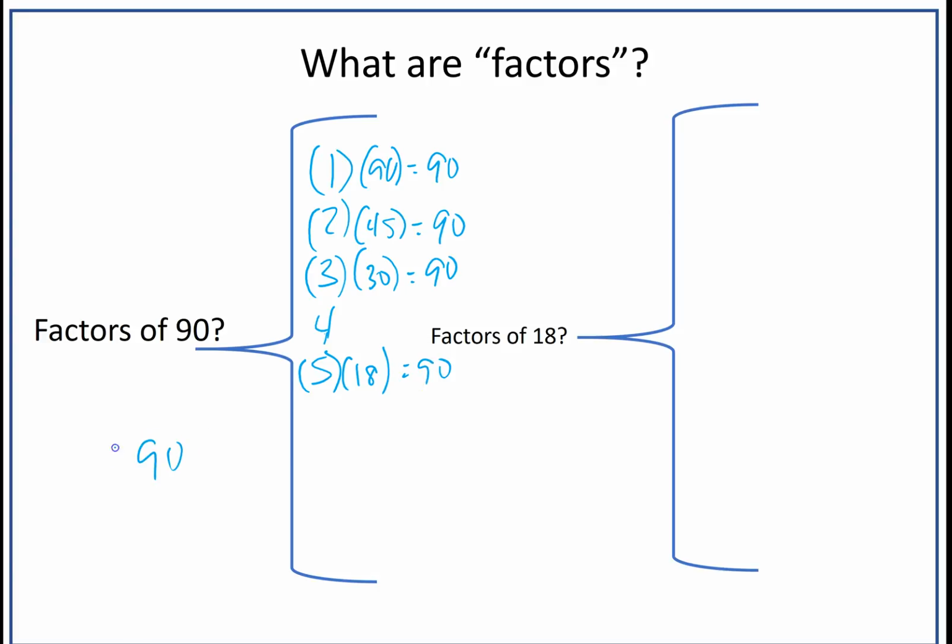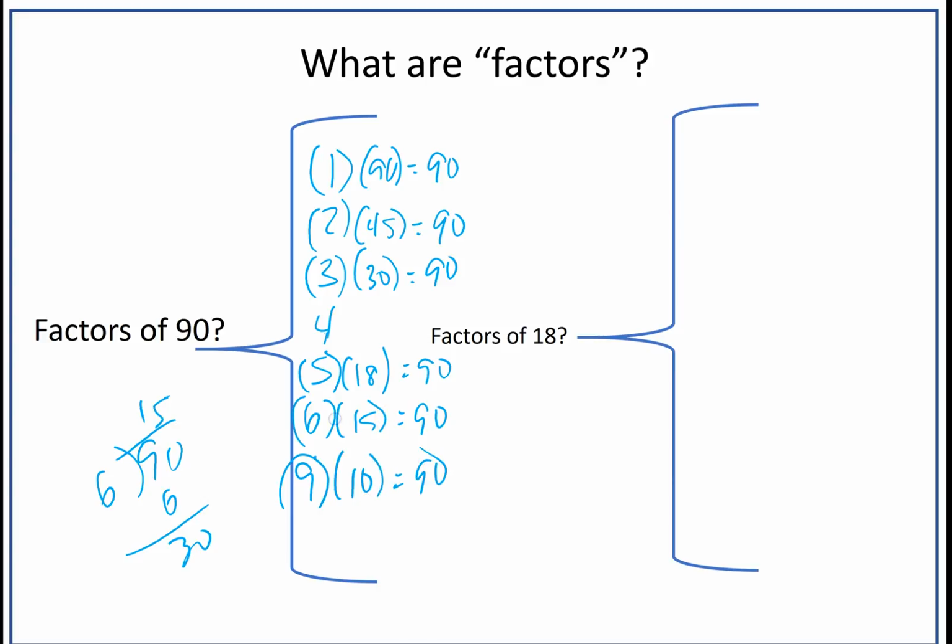Let's try 6. Yep. 6 times 15 is 90. And 9 times 10 is 90. So all these numbers, 1, 90, 2, 45, 3, 30, 5, 18, 6, 15, and 9, 10. Those are all factors of 90.